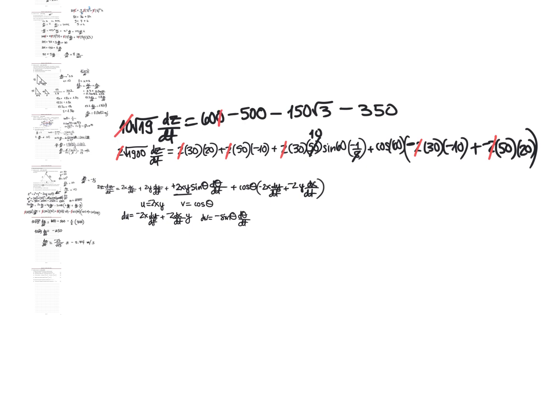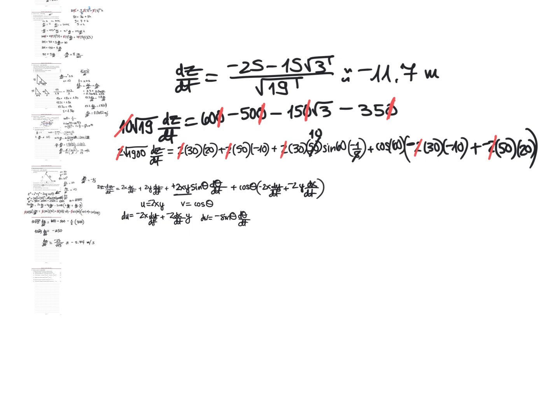So we're going to have root 19 dz/dt equals 60 minus 50 is 10 minus 35, which is negative 25, minus 15 root 3. And then we're going to divide by that square root 19, which is about negative 11.7, and that's meters per second.